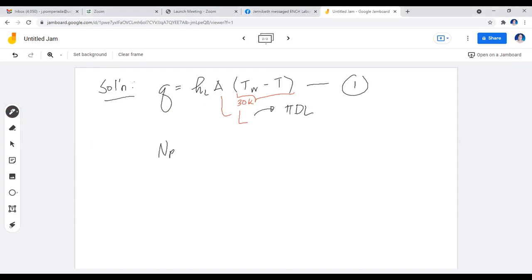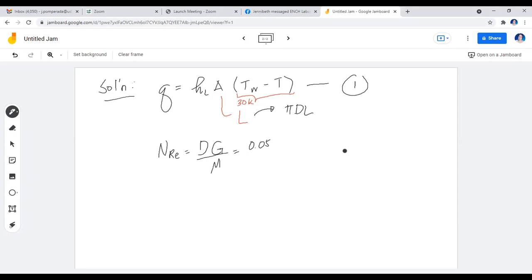So if you write the Reynolds number, this time class, I will be giving you a different formula for Reynolds number for our liquid metal. And that formula is the inner diameter times the fluid mass velocity divided by the mu. Okay, so as for the inner diameter of the pipe, that would be 0.05.